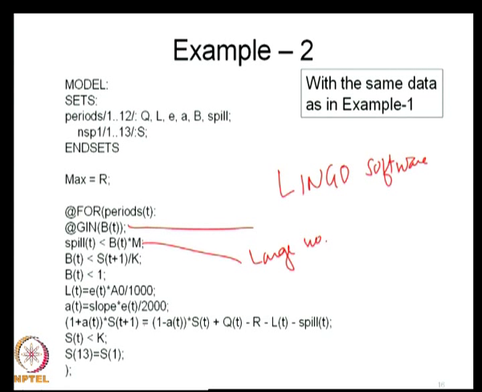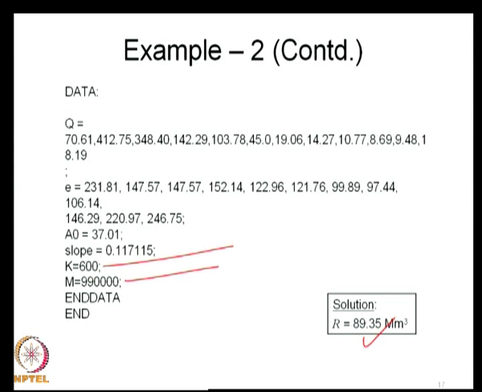Here we have used spill t, and we have used the actual equality constraint. In the detailed solution, which I did not provide here, you will see that for this particular combination of the storage being at 600 and the inflow being of this type, there were no periods in which spills occurred.